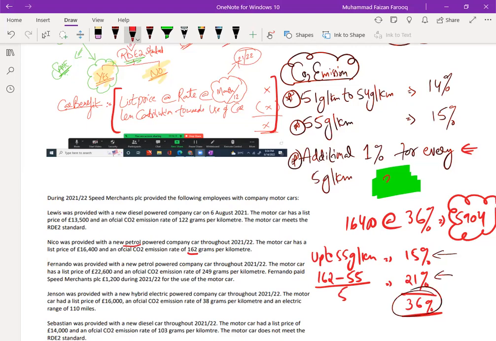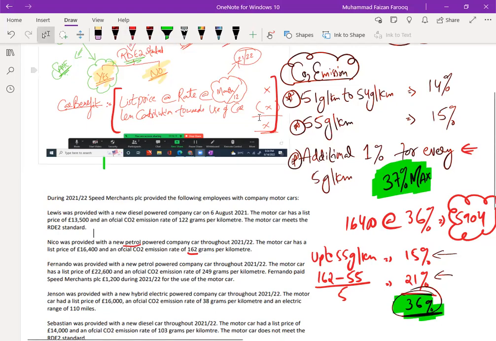Yes, there is. 37% is the maximum cap. Means if your answer is above 37%, like here it's 36, we are fine. It's under 37%. But if it is above 37%, we must restrict our percentage to the maximum of 37. Any problem?